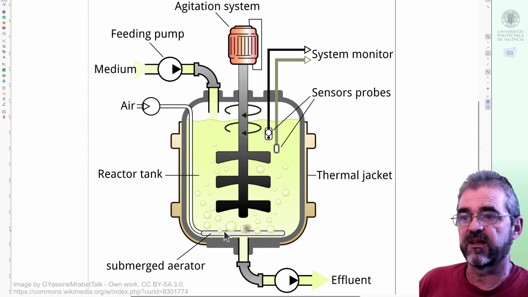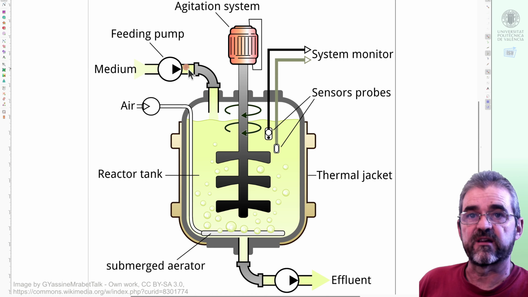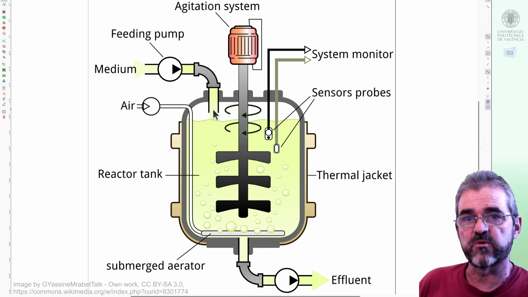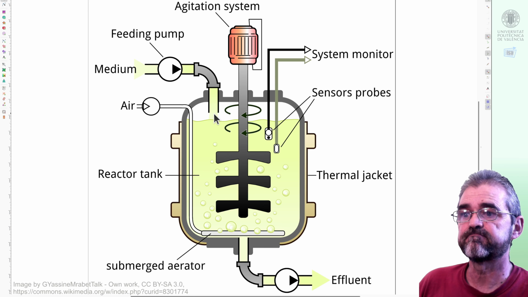Maybe we need some air income with this aerator. If we have an aerobic reaction that needs oxygen, we can feed either an initial population of the cells we want to grow and some glucose or whatever.